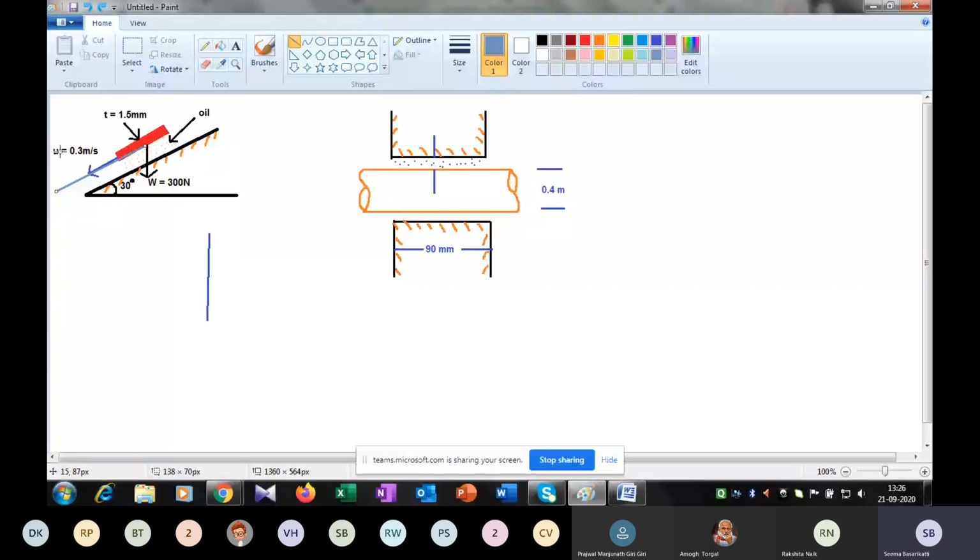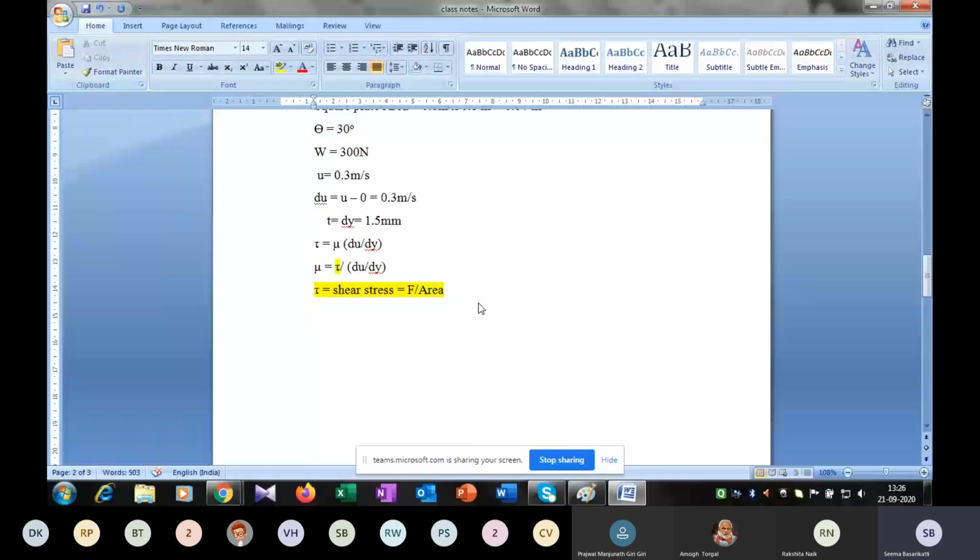If W is equal to 300 Newton, the force exerted, that is the component of the weight along the plane, is equal to W cos 30.